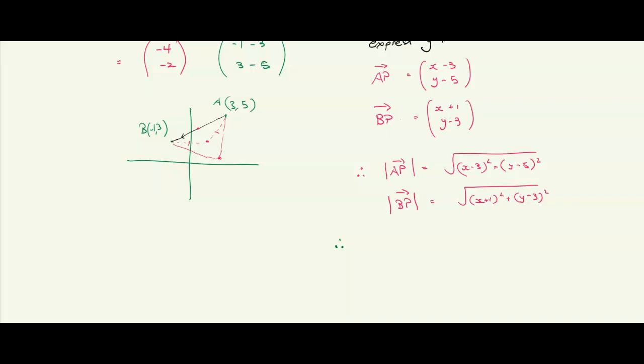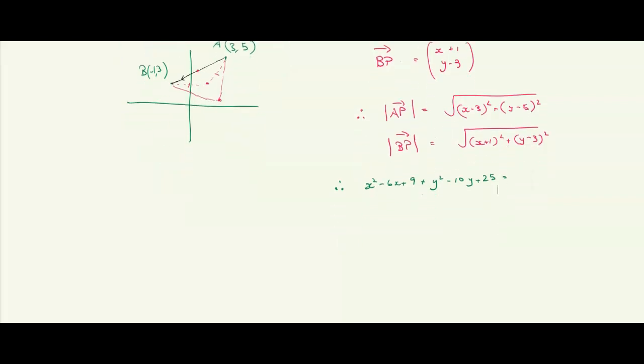I'm going to square both sides immediately so I can cut to the chase and expand. So I'm going to go x squared minus 6x plus 9 plus y squared minus 10y plus 25. I don't know if you need the commentary as I work, but you're getting me thinking aloud. x squared plus 2x plus 1 plus y squared minus 6y plus 9.